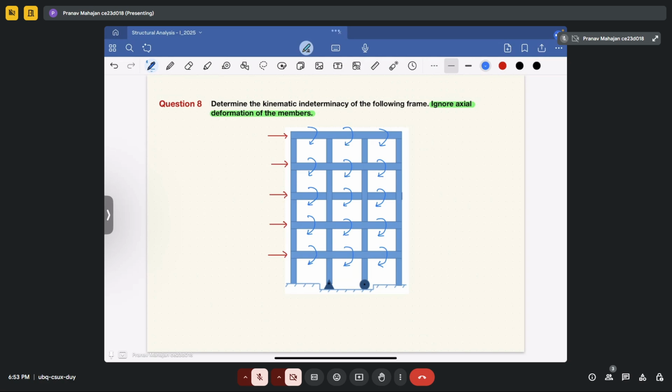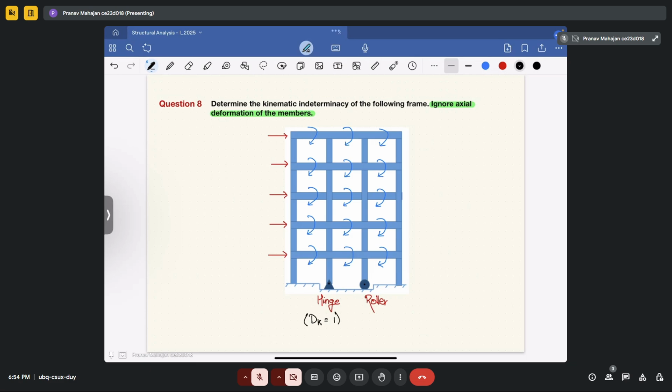Now, talking about the external kinematic indeterminacy, you are having one hinge and one roller support. So in this case, you already know that in case of hinge, only one degree of kinematic indeterminacy is there, because this hinge is providing restraint in horizontal as well as in vertical direction.